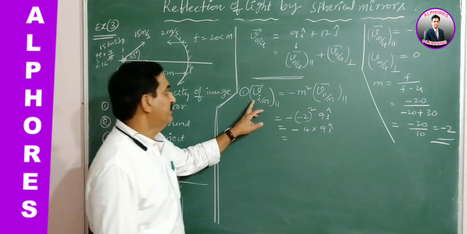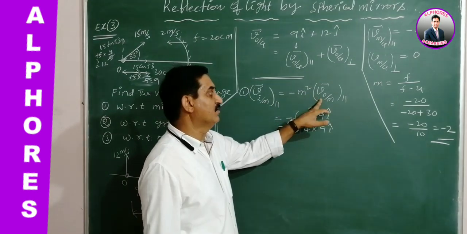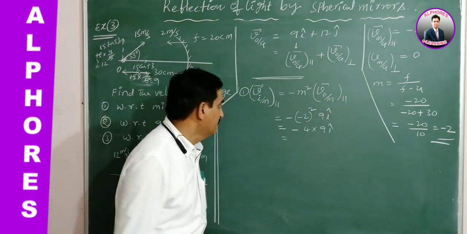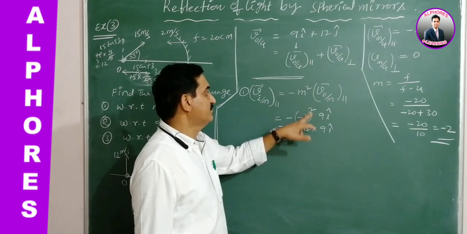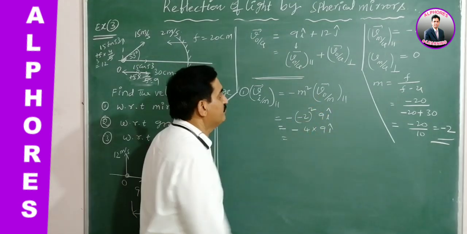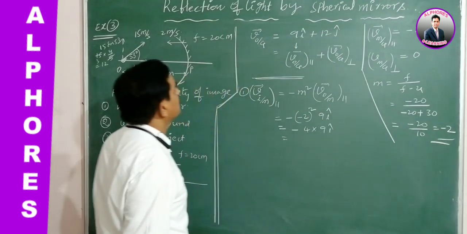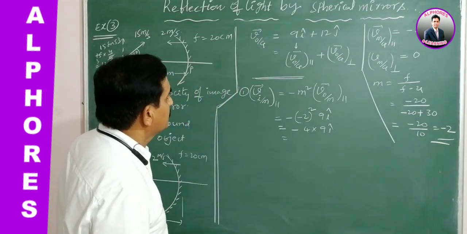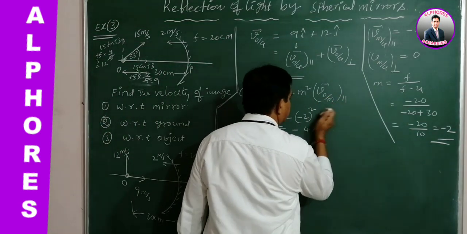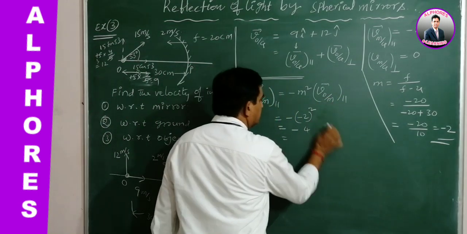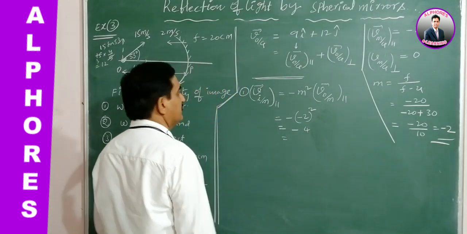Now the formula: velocity of image with respect to mirror parallel to the principal axis is minus m square into object with respect to mirror parallel component. Here we have to develop object with respect to mirror first.